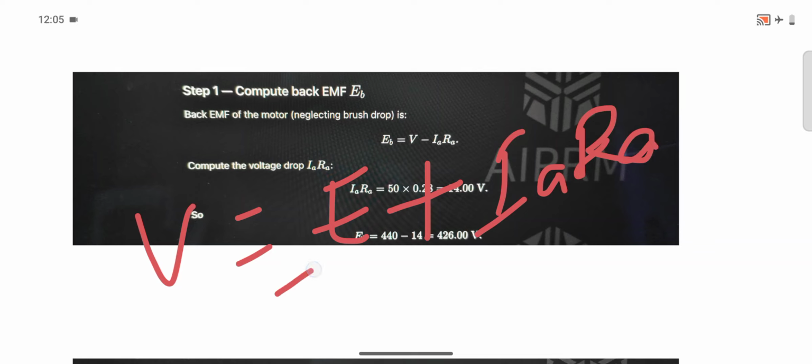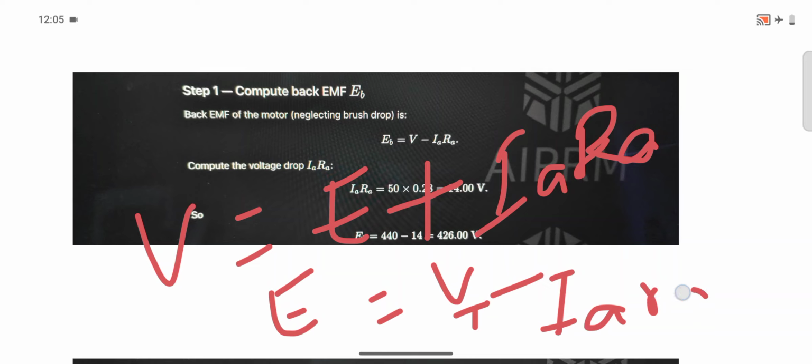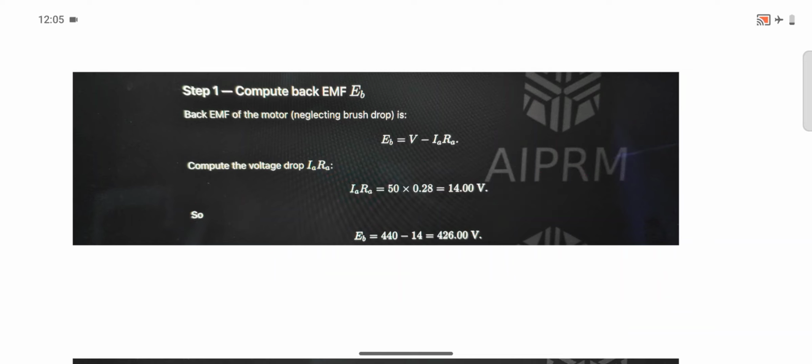So here back EMF is equal to terminal voltage minus the potential drop in the armature resistance. We will use this formula to calculate the value of back EMF.